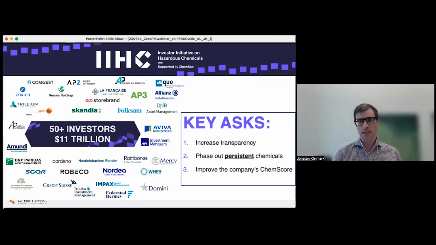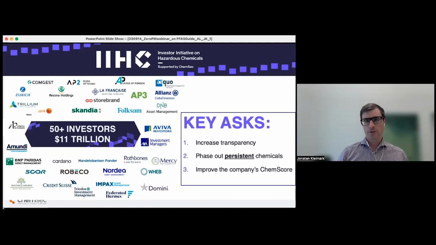We need more data on what they are producing and what the properties of those chemicals are. Number 2, which is of course important for PFAS, is that the investors want the companies to phase out persistent chemicals because they see there is a liability risk with producing these chemicals. For example, in the US, there has been a lot of liabilities regarding PFAS production.